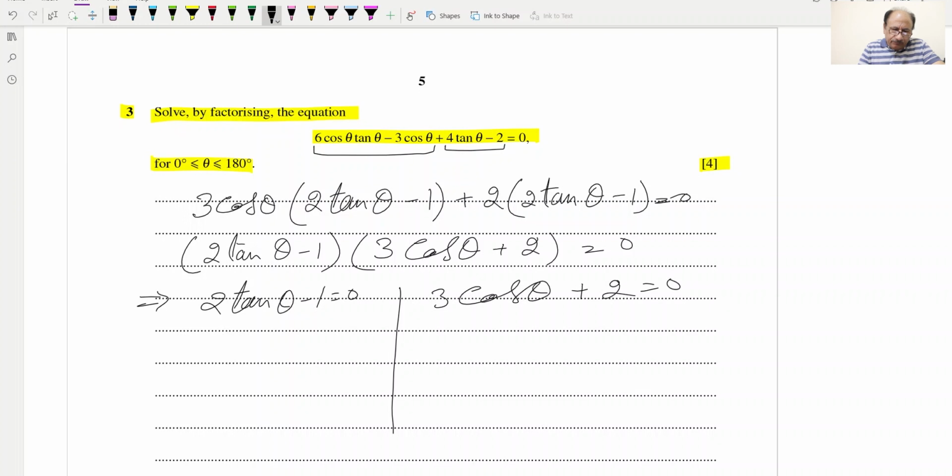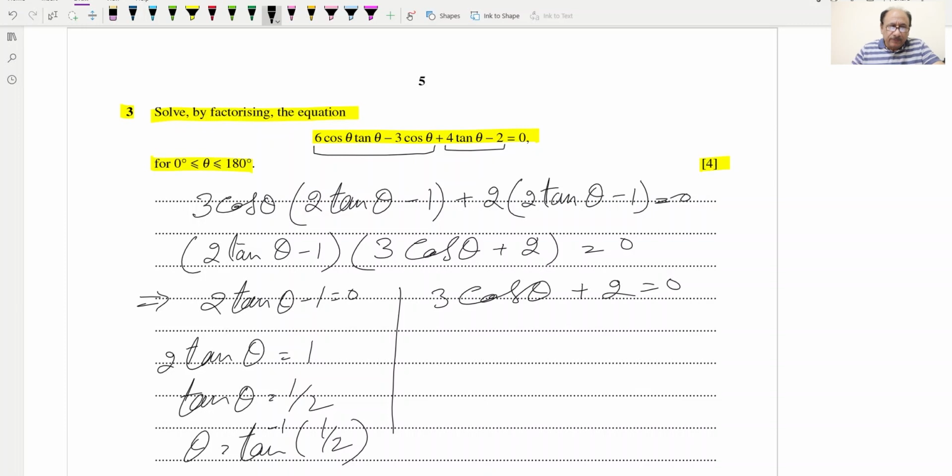Now we can find the tan value. We are targeting the theta value. So 2 tan theta will be equal to 1, and tan theta will be equal to 1 by 2, and theta will be equal to tan inverse of 1 by 2.